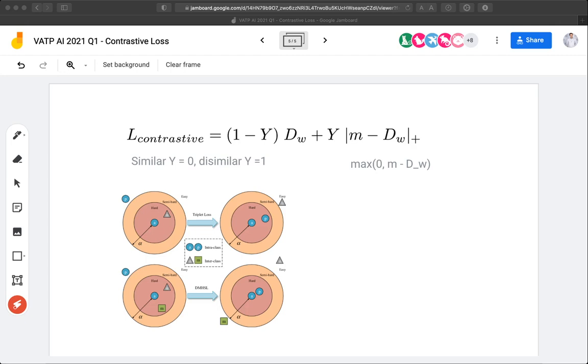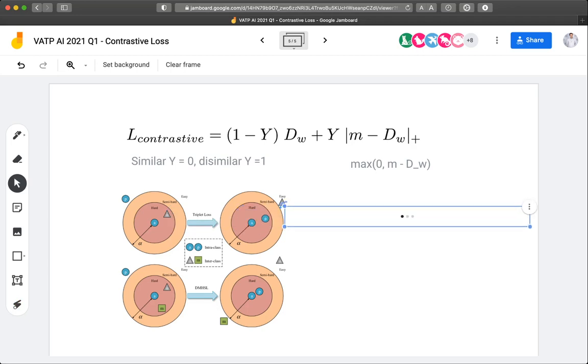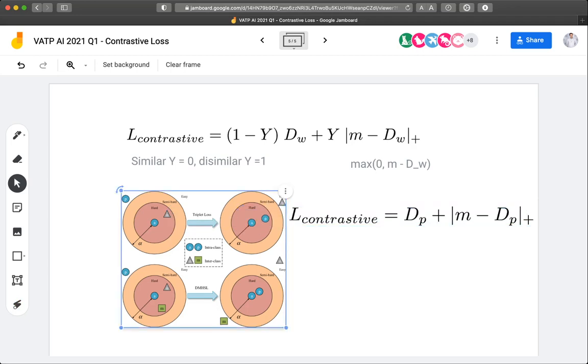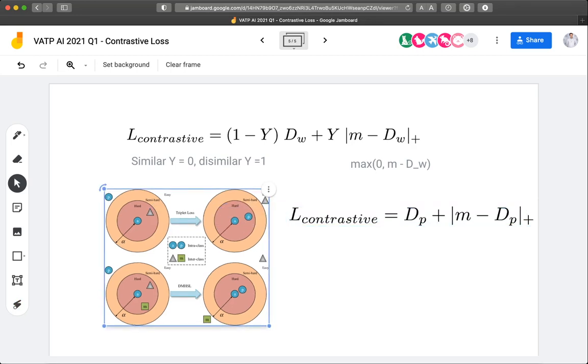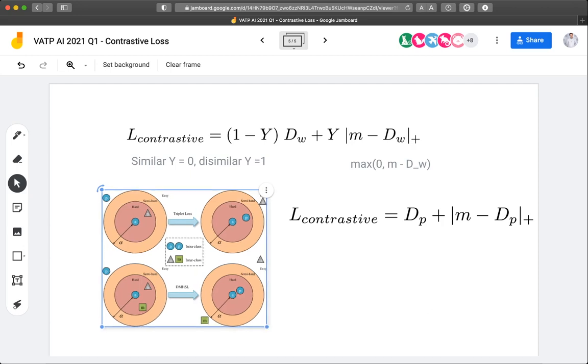Then let me show you how I like to write this down. Here, copy this one. I think a clearer way to write it down would be something like this, where you have just the positive pairs and then the negative pairs.